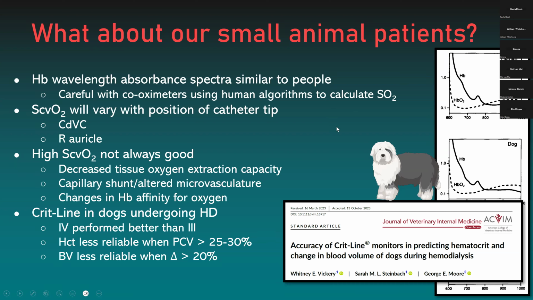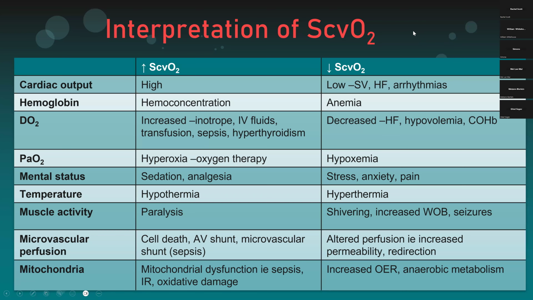And reading about all of this gave me a little bit of a renewed appreciation for all the things that go into that reading you're seeing on your Crit-Line monitor, and the changes that it could reflect. So anything from cardiac output to hemoglobin levels, but also just things like sedation or analgesia.